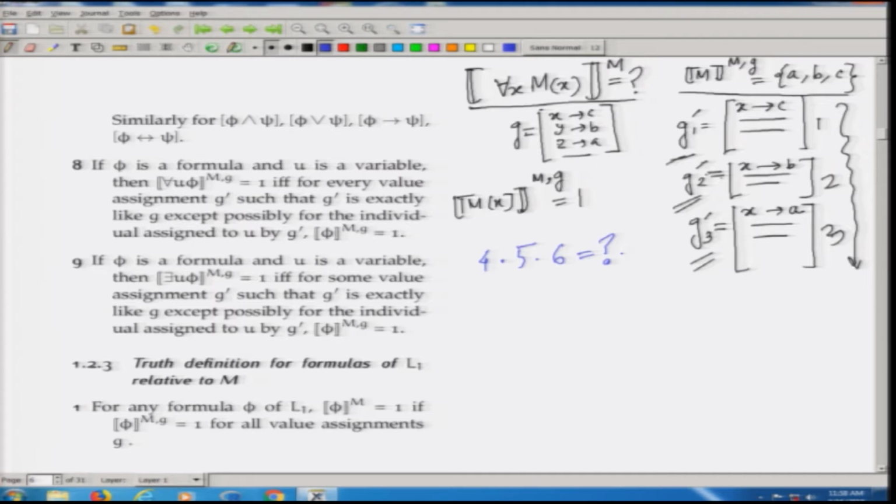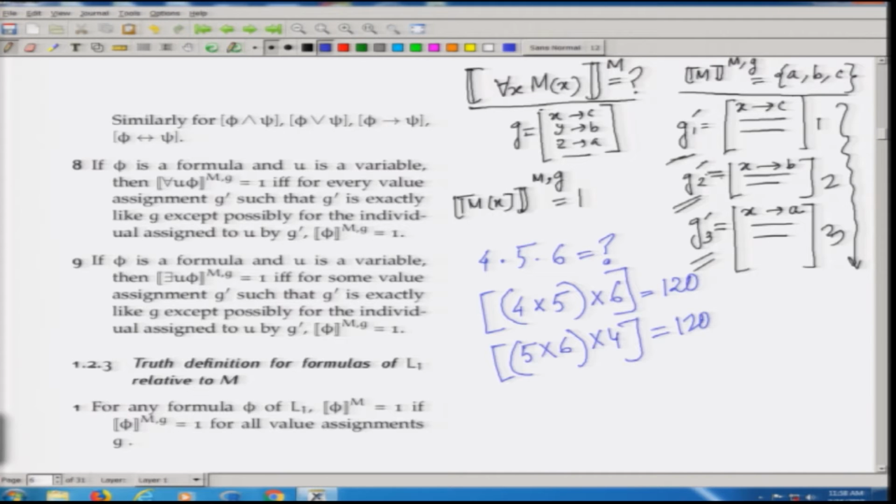We may start with 4, then multiply 4 by 5, and then multiply by 6. We get 120. But this is just one way of doing it. We could have started with 5, multiplied by 6, multiplied by 4, that would once again give 120.